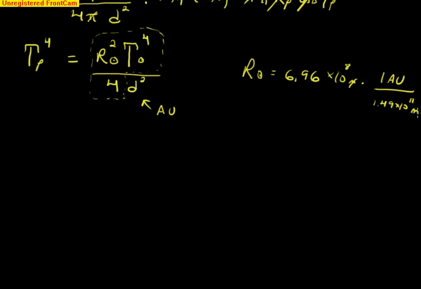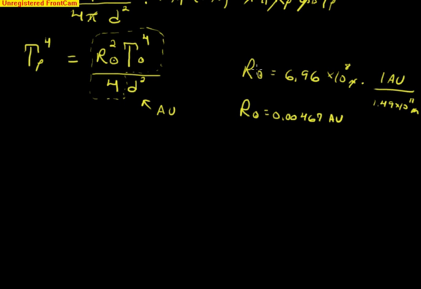That cancels our meters out and leaves us with the radius of the sun equal to 0.00467 astronomical units. So now that we'll have astronomical units for our radius, that will be canceled by the two different distances of Mercury we just calculated, leaving us with just our temperature.